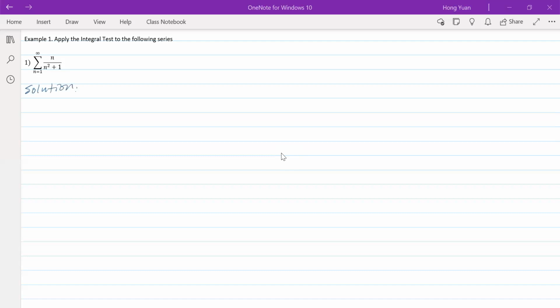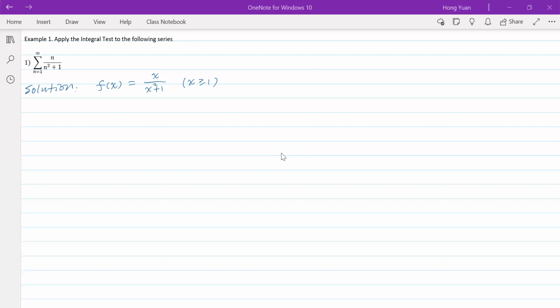First of all, we write f of x as f of n. So here f of x is x over x squared plus 1, for all x greater than or equal to 1. We need to find out if f of x satisfies the 3 conditions of the integral test, then we can use the integral test.